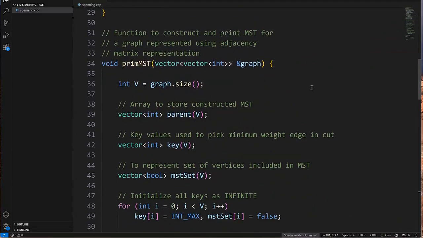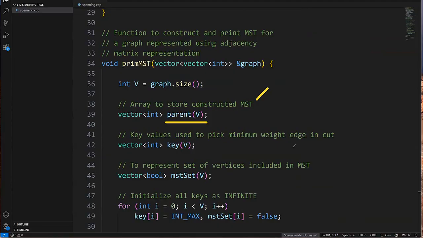You keep your graph, you get the number V, and you have parent[V] to store the constructed MST. So this one is your minimum spanning tree. You store them into a vector, parents. Parents means where it actually comes from.